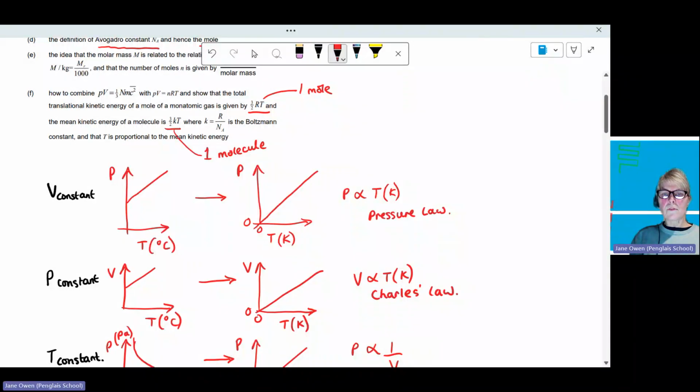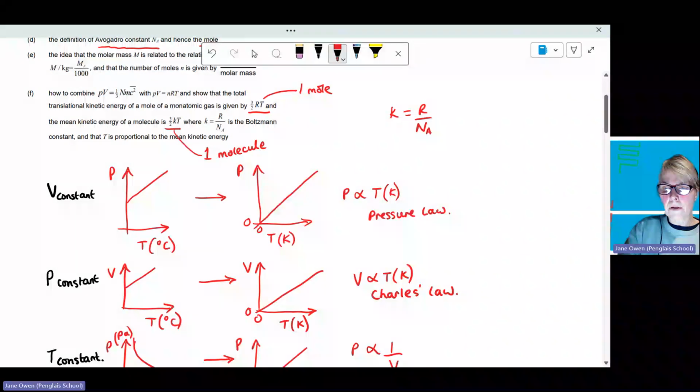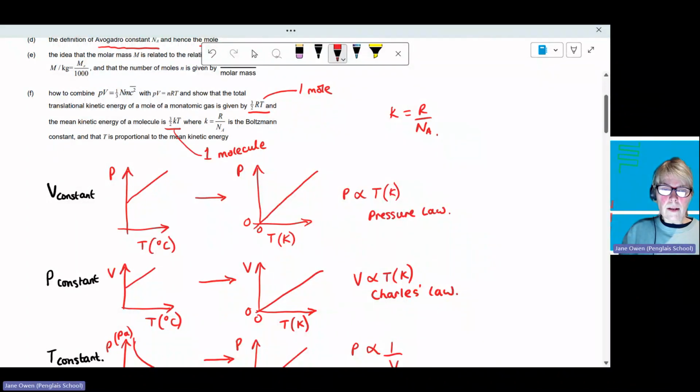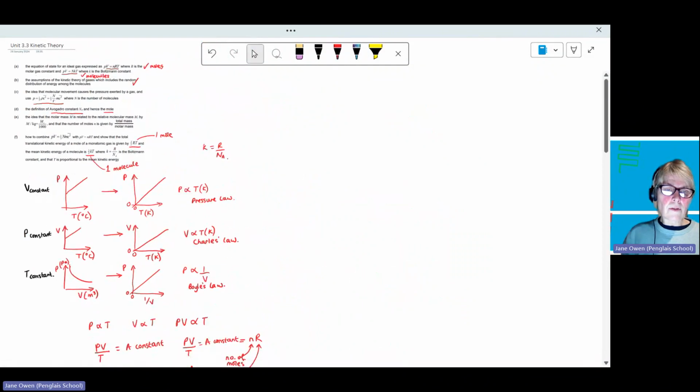The ideal gas constant is given to you. I can't remember where Boltzmann's constant is given, but in order to work it out, all you have to do is R divided by Avogadro's number. So k equals R divided by Avogadro's number. Okay, so that is a resume of the kinetic theory of gases.